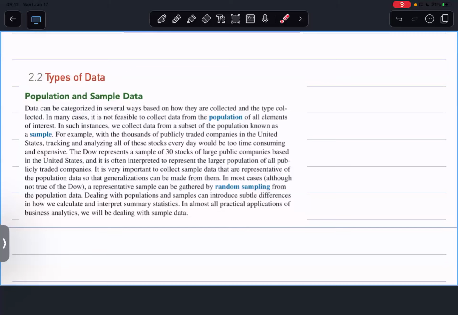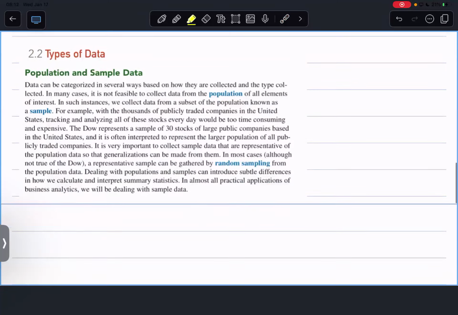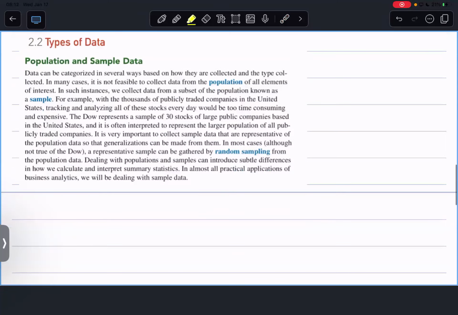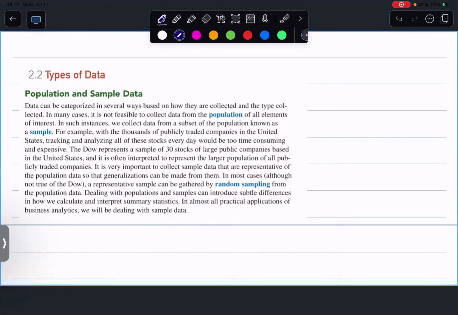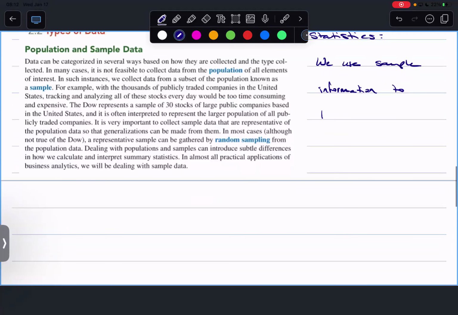And so what we do is statistics, which is the analysis part, when we take a sample from a population and we use sample information to learn about the population.